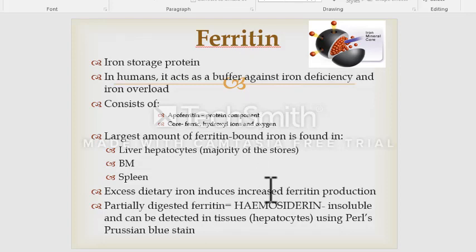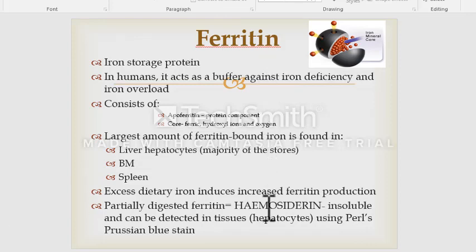A stain which is known as iron stain or Prussian blue stain is used to observe iron and to observe the storage form of iron. So if we perform a test which is known as iron stain, we cannot observe this form of iron which is known as ferritin.